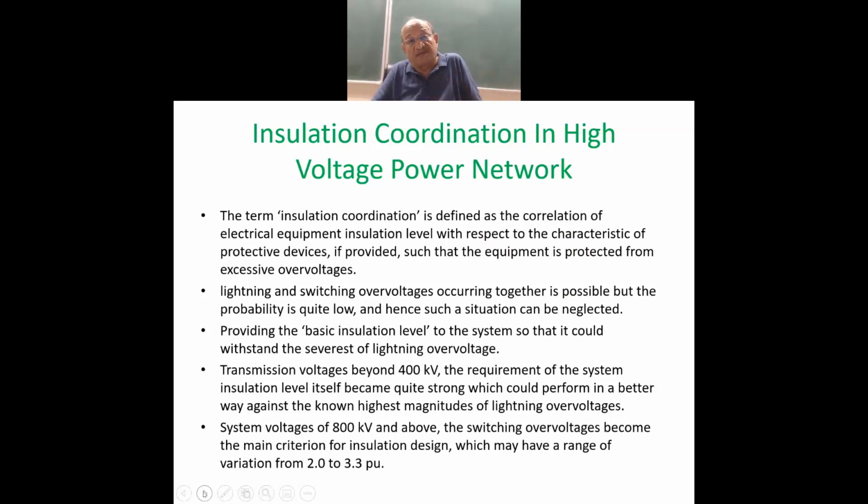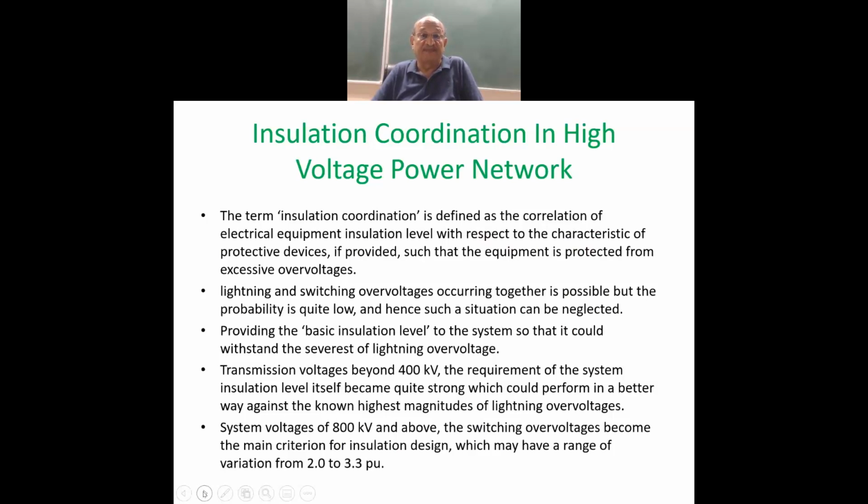That means for, say, an 800 kV transmission system, the basic insulation of the system became so high that it could perform in a better way against the known highest magnitude of lightning overvoltage.